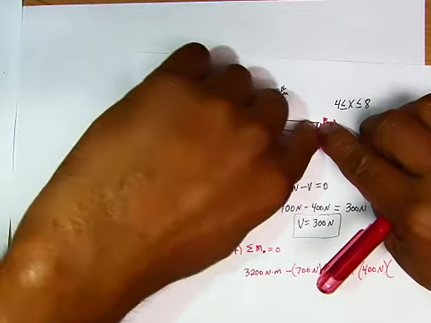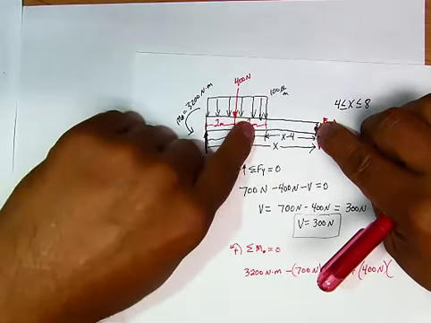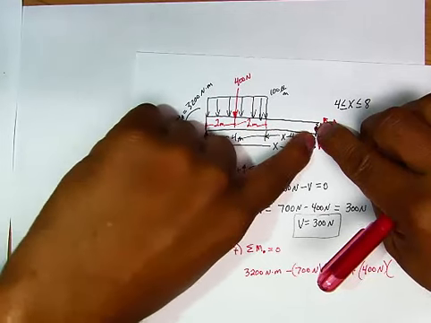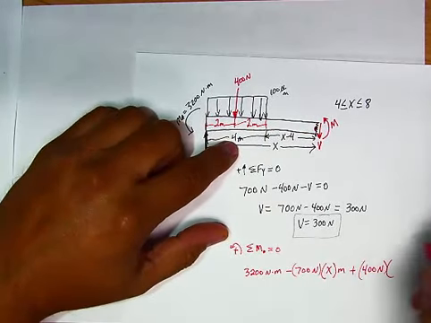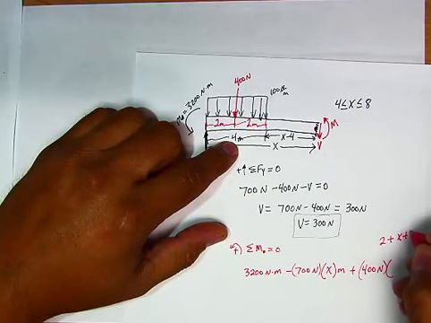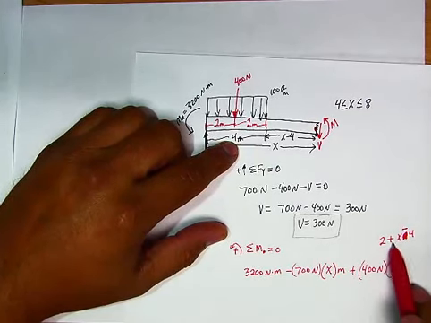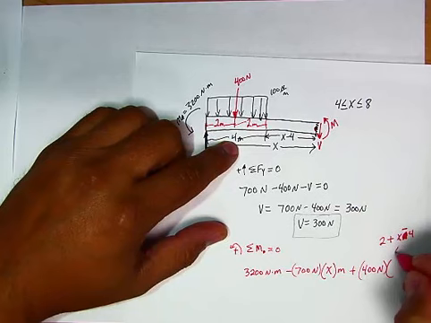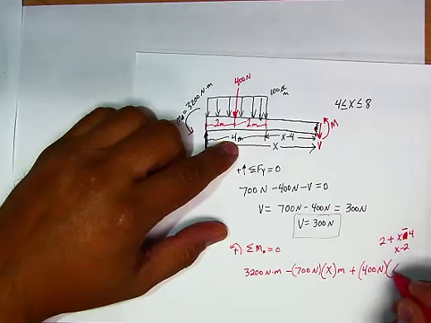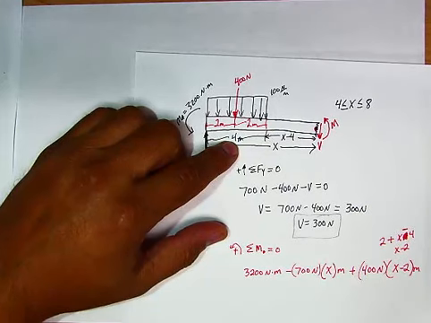So the distance from here all the way to my 400 Newton force is 2 plus x minus 4, I'm sorry, I'm a little bit nervous. 2 plus x minus 4 is really x minus 2. And that's what we write right here, x minus 2 meters.